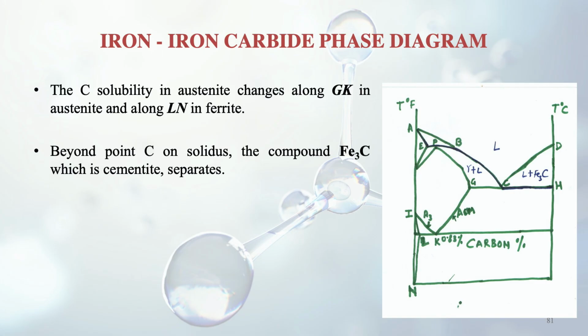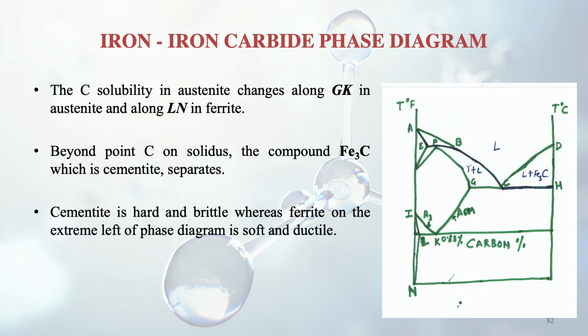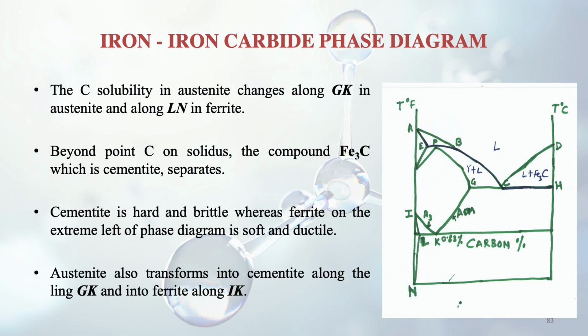Beyond point C on the solidus line, the compound Fe3C, which I told you earlier is known as cementite, separates. So take the point C in the figure. Cementite, as you have been told, is hard and brittle, whereas ferrite on the extreme left of the phase diagram is soft and ductile. Austenite also transforms into cementite along the line GK and into ferrite along the line IK.